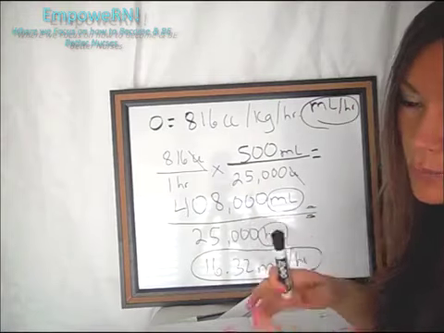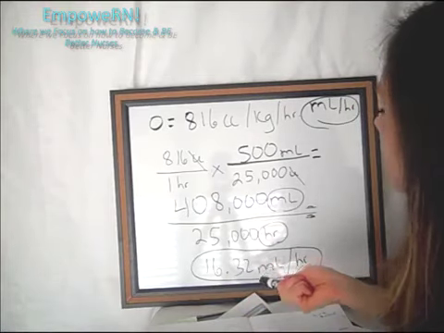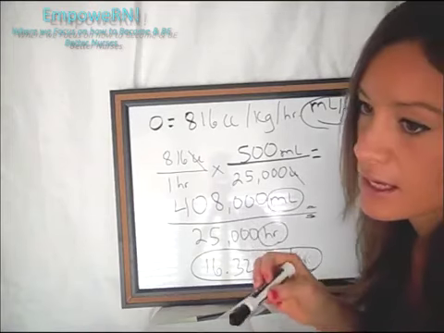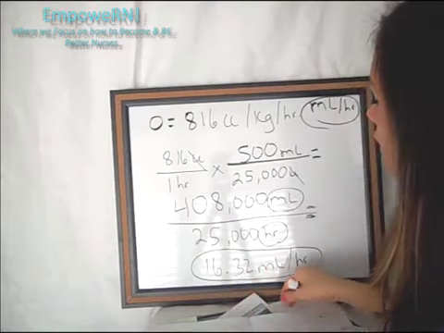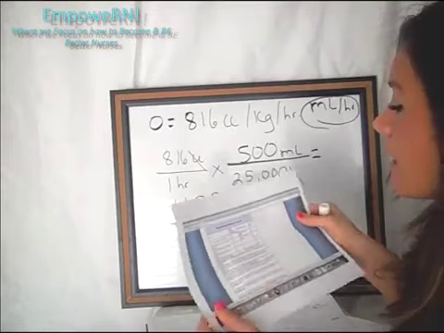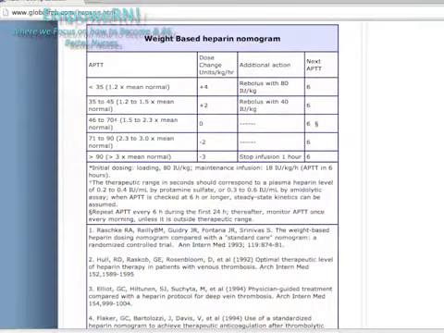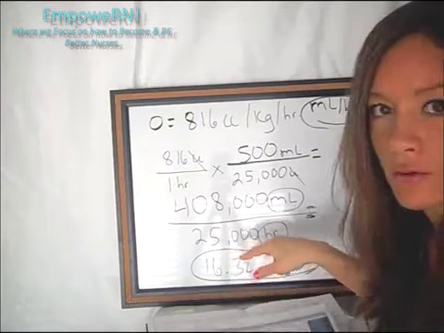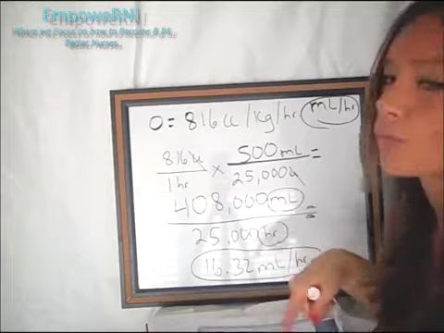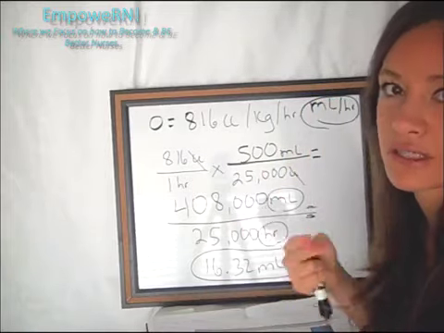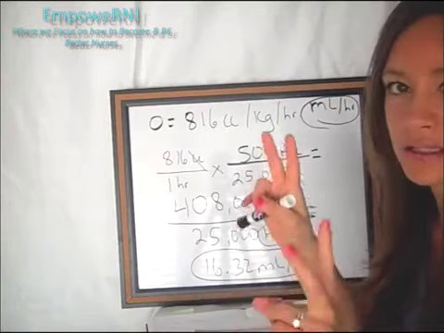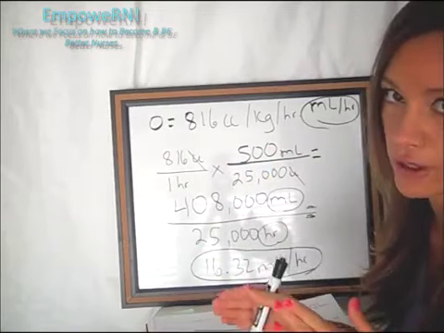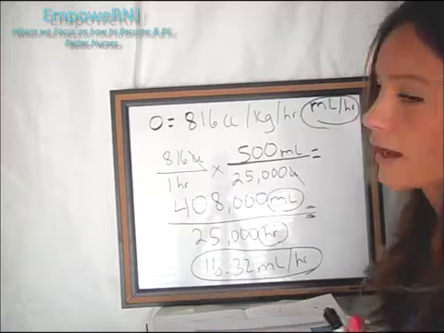Now, with a heparin drip, what we do is we have to order the initial PTT. So our initial PTT is usually less than 35 because they're not on any anticoagulant therapy. At the moment you start this drip, we order another PTT for 6 hours. And this is what we call titrating a drip, which is a word that used to scare me at first, but after a while I got used to it.